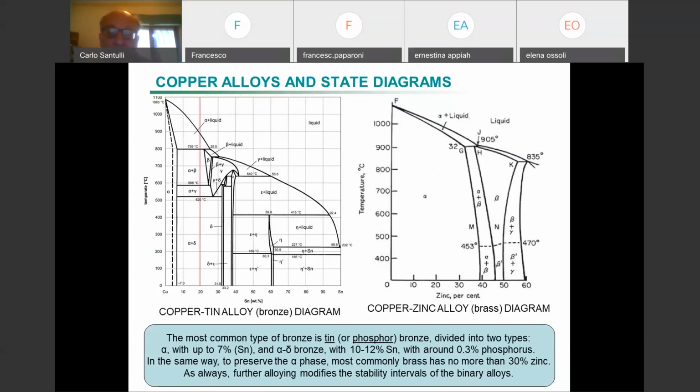Okay, and so you can see in both graphs that we have a large alpha area, especially in brass, and it's where the materials are normally used, because then you have more brittle areas in the case of brass. In the case of bronze, we have alpha bronzes and alpha plus delta bronzes, which are good as well.